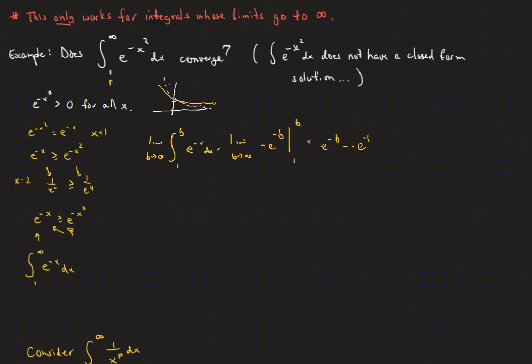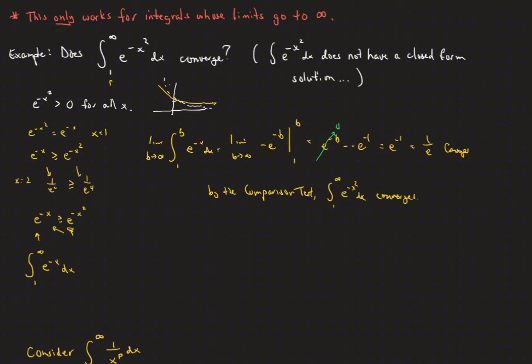And as b goes to infinity, this goes to 0, and we will get e to the negative 1, or if you prefer, 1 over e. Either way, this converges. So we can say then, by the comparison test, the integral from 1 to infinity of e to the negative x squared dx converges.